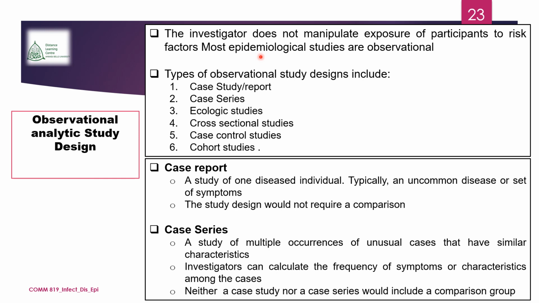Like I said, most epidemiological studies are observational. So please pay attention so that we get to understand this better. All right. So for the case report, you have a study of one diseased individual, typically an uncommon disease or set of symptoms.